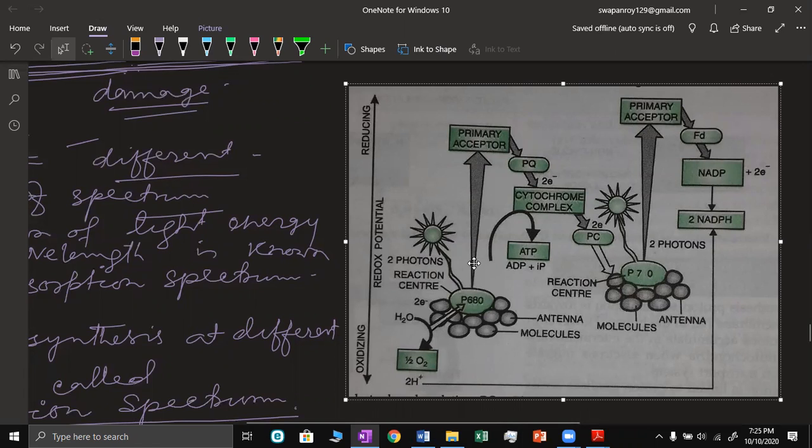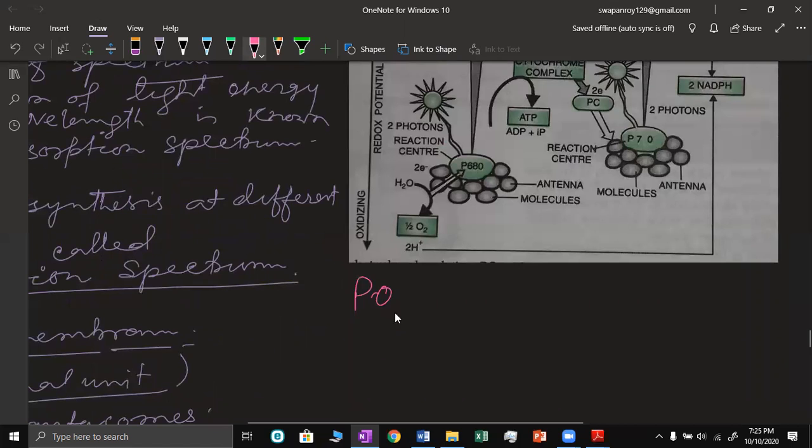The electron is accepted by some primary electron acceptor. From this primary electron acceptor, the electron moves to PQ. PQ is plastoquinone. Okay, PQ is the abbreviation for plastoquinone.